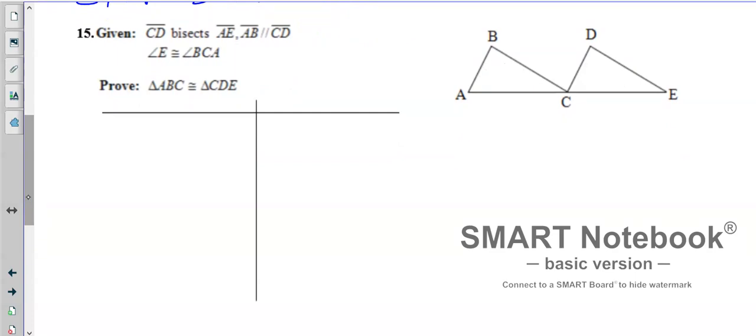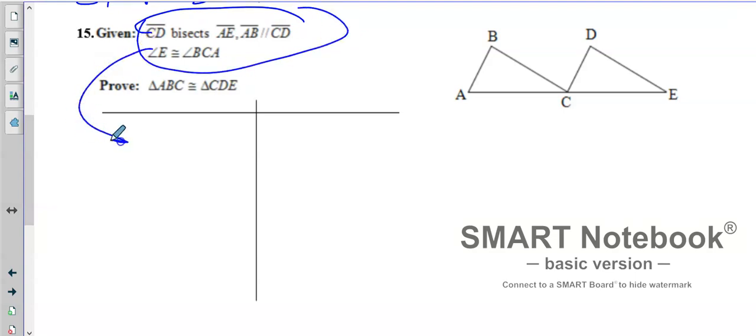All right, so we know that CD, again, I'm just going to say this is all there and write given. CD bisects AE. That means we have that, but we need to say that.